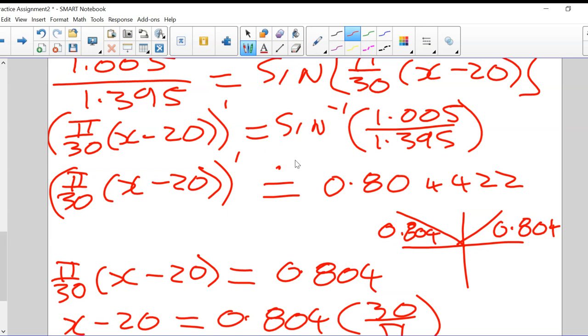Let's try one more thing. Take the 1.005 and divide it by 1.395. Do that first and press equals. Can you try that for me, please? 1.005 divided by 1.395. When you have an answer, please let me know what it is.